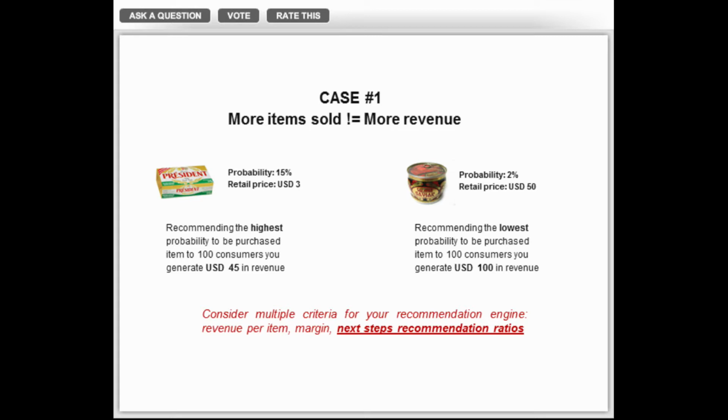So for example, if recommending butter would give a 50% probability of selling a few other things, it might happen that revenue would be higher for recommending the butter. So it's like watching a few steps forward. Now recommender engines would really allow doing this. It's more complicated, but it's possible.